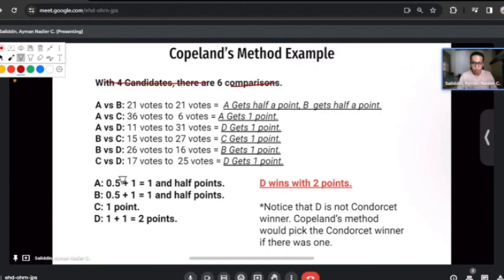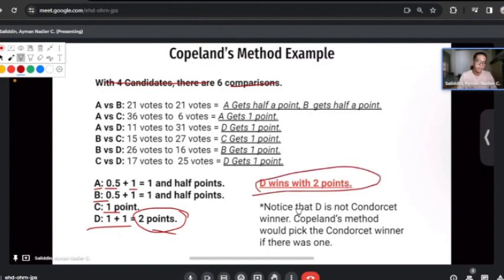A has half a point plus 1, that's 1.5 points. B has half a point and 1 as well, so both get 1.5 points. C has only 1 point, or 1 win, and D has 1 plus 1, which is 2 points. So the winner is candidate D.